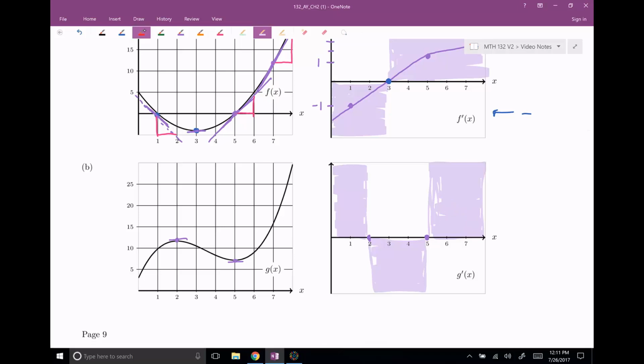Now we're going to go ahead and choose some test points kind of in each interval and calculate, or approximate really, the slope at these values. So, all right, let's try here at 1. So if I go ahead and try to sketch my tangent line, something like this, well, notice for a step that I go over to the right, it seems like I go up about 0.75, maybe 0.8, really.